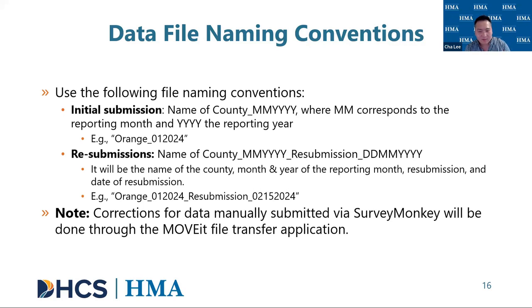The county then will go in there and download the data to make corrections. After they address all the data issues, they will use the resubmission naming convention to change the name and then use the MOVEit file transfer application to upload the data back to DHCS. Next, please.